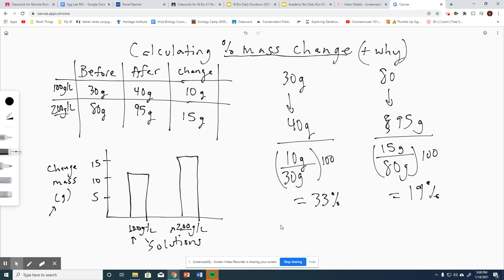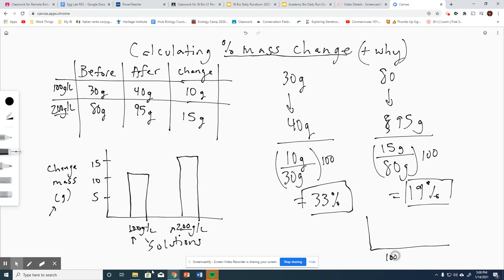Okay, so this shows the more true story, right? So it turns out that the egg in the 100-gram solution actually did grow more than this one as far as a percentage goes, right? So if we graphed this now, this would show a more accurate picture.